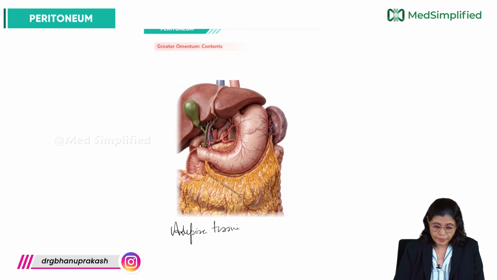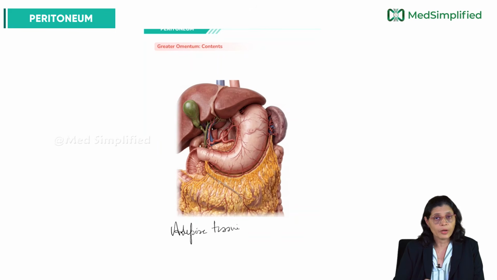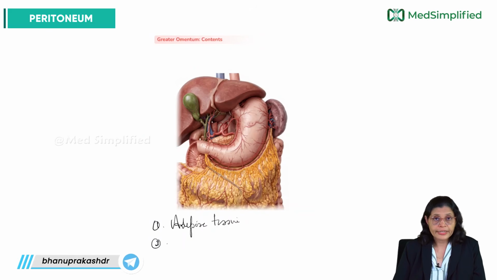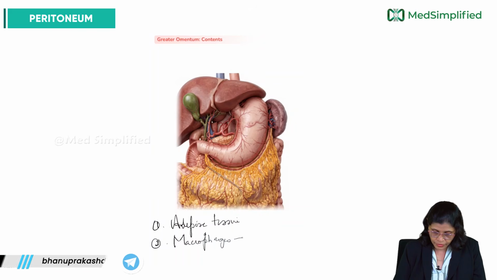Depending upon the nutritional status of the individual, the fat amount will be variable. It also contains aggregations of macrophages. A lot of macrophages are present here, and the aggregations of them we call milky spots.